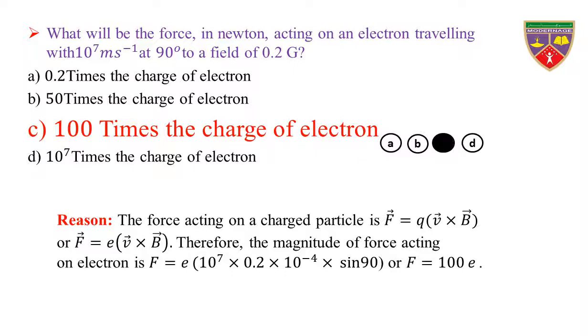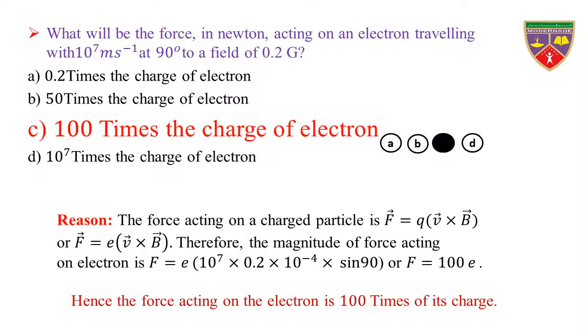Therefore, the magnitude of force acting on the electron is F = e × 10^7 × 0.2 × 10^-4, because 0.2 Gauss is equal to 0.2 × 10^-4 Tesla, into sin 90. Sin 90 is 1. Simplification gives F = 100 e. Hence, the force acting on the electron is 100 times its charge.